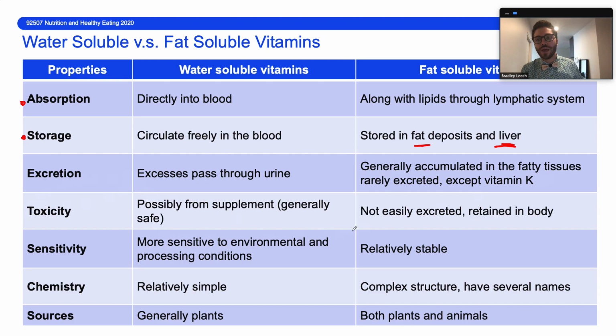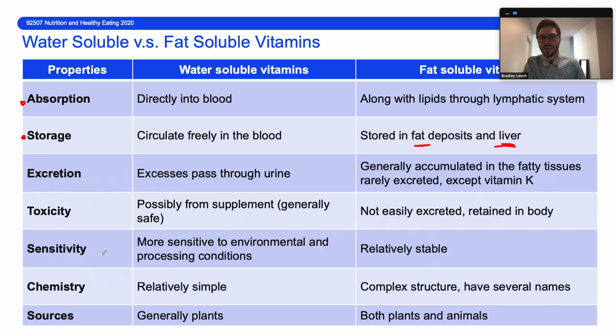Looking at fat-soluble vitamins, because they can't be readily excreted within the body, they are retained in the body and thereby more likely to result in toxic overload if someone was to consume too much of them.